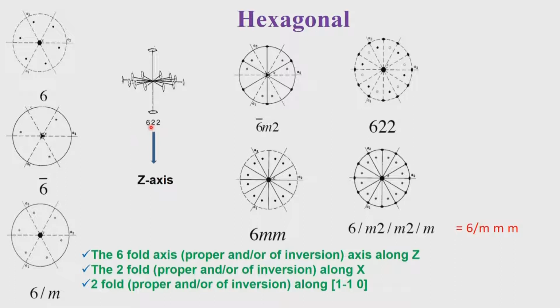The 2 corresponds to a monoclinic system, 3 corresponds to a trigonal system, 4 corresponds to a tetragonal system and 6 corresponds to the hexagonal system, and therefore we have 6 and 6 bar which are indicated here, and along with that goes the 6/m symmetry. So, these are standalone single rotation axis symmetries.